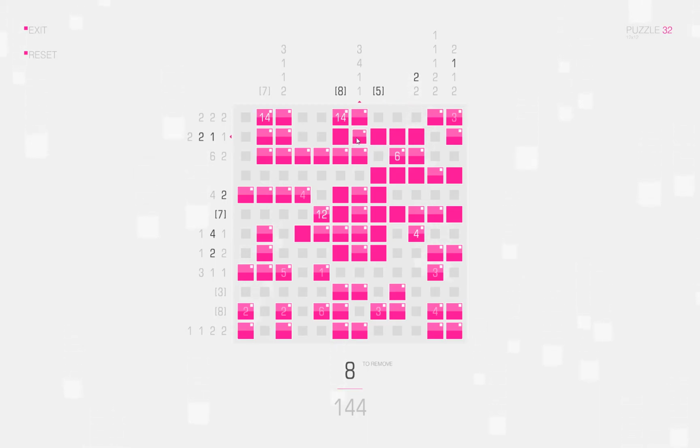Can the 6 stop the 14? Yeah, the 6 is here. It can go there. It can go in here. And here we have 1, 2, 3, 4, 5, 6, 7, 8, 9. So we have 3 too much. And one of the too much is here, because this is a 2 group. And so we need this or this. Only one of them.